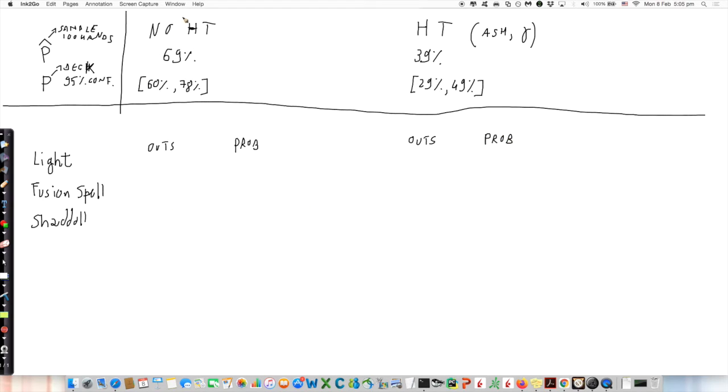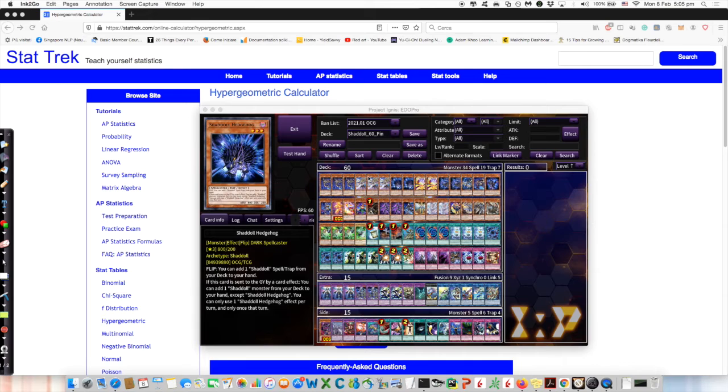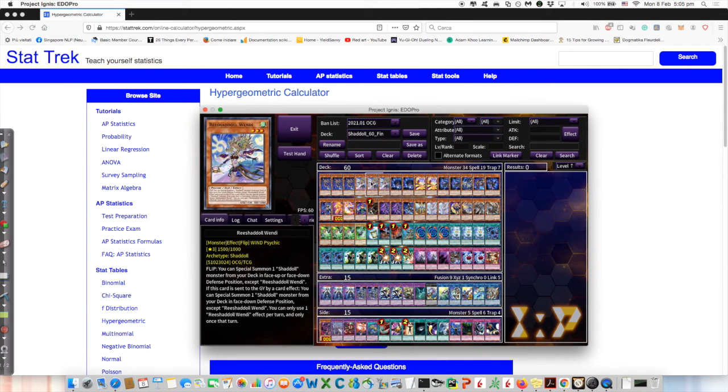So let's start. No hand trap. Let's see how many light monsters we can get in our hand. So let's go to the deck now. So we are here. How many lights? Let's see. So here nothing. Okay. Here we have 1 Chaos. So 1. Then we have 2 and 3.